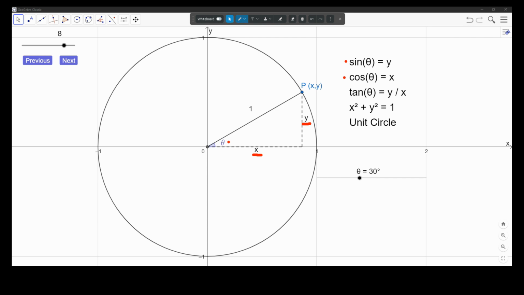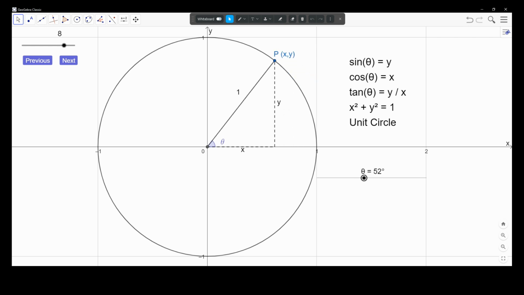Now, when we shifted to circles, we allow for a broader definition of what this angle theta is. Like, in the context of a triangle, the angle theta having a value of 90 degrees is not possible. You no longer have a triangle.